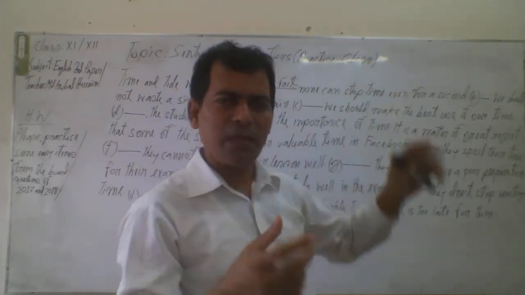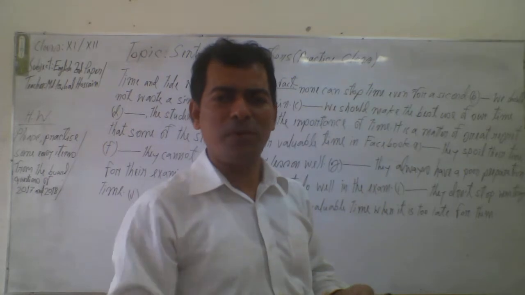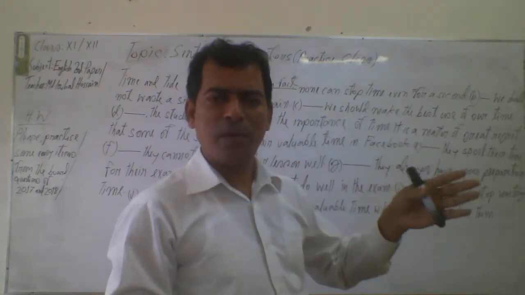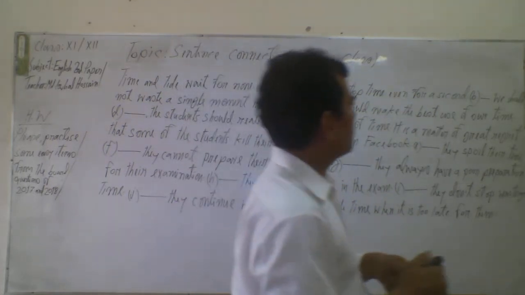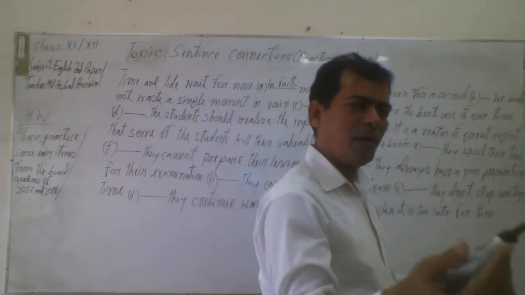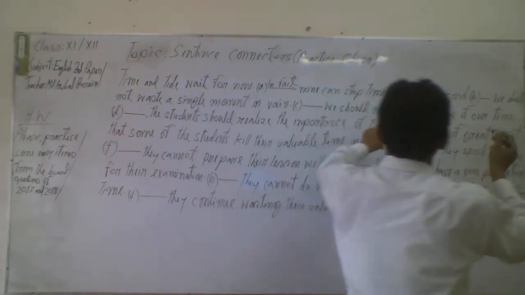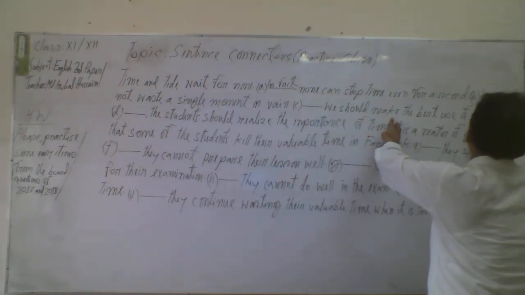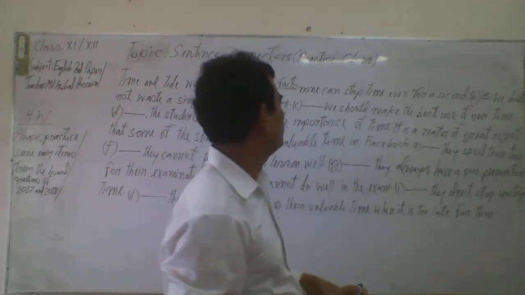So automatically our brain supplies one of the connectors of that group. I told you about some groups of connectors in my earlier classes. So I can use here any of the 10 or 12 connectors of that group. You can write here: So, we should not waste a single moment in vain.